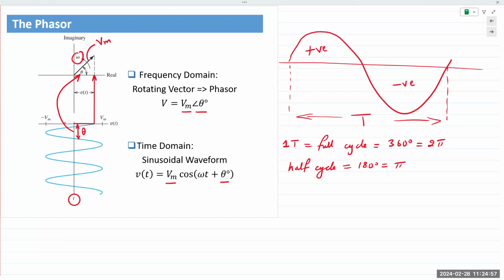And so to do a phasor transform, let's say, for instance, v of t was Vm sine omega t plus or minus theta. You would use the identity sine x is equal to cos of x minus 90 to subtract 90 degrees and translate it into a cosine function.